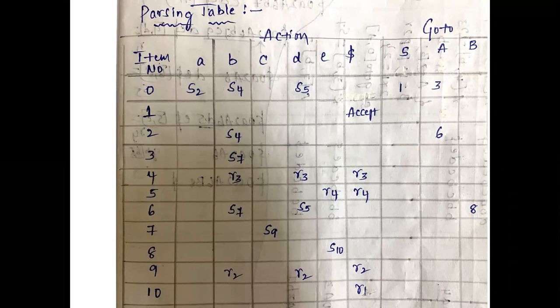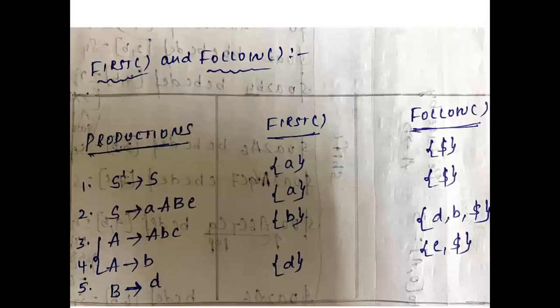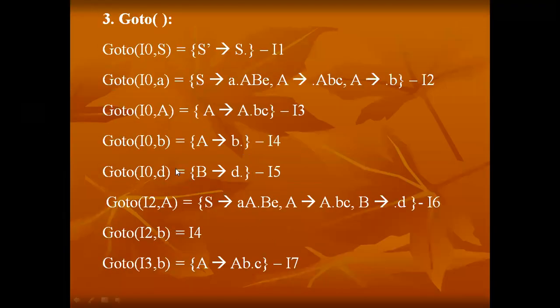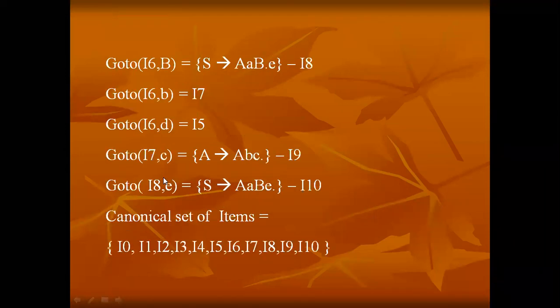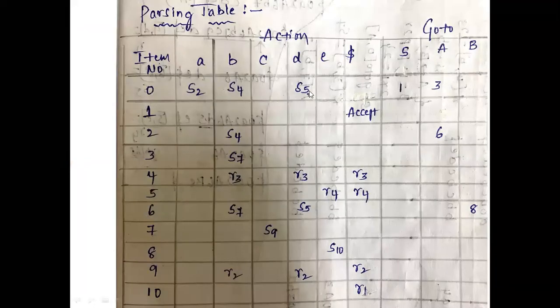There we found the canonical set of items; here, to process the action table, we need to replace the alphabet with S, because S represents shift. It indicates the shift operation, right? I naught with A is completed. I naught with B is I4, represented as S4, and 0 with D is I5 there, but here 0 with D is S5. Is it clear now?